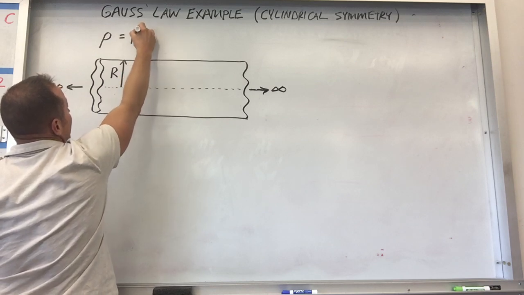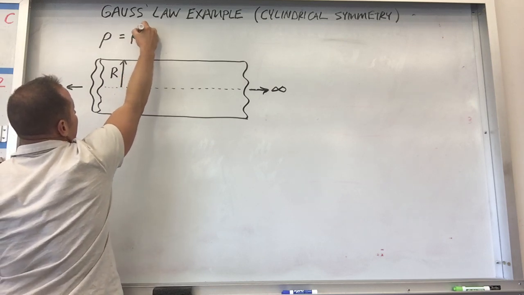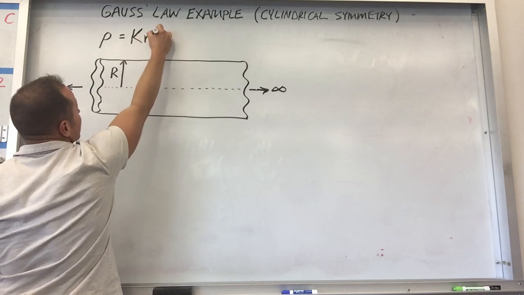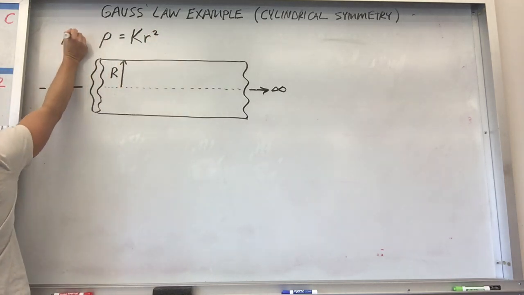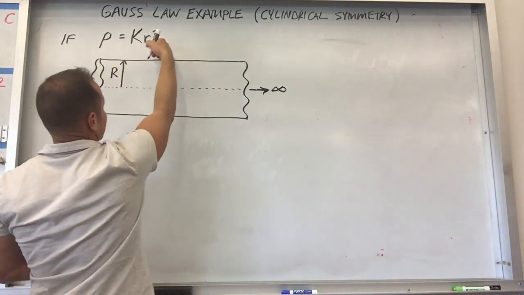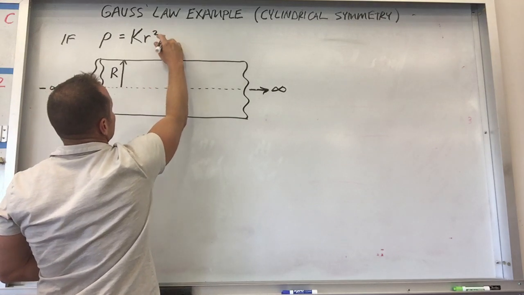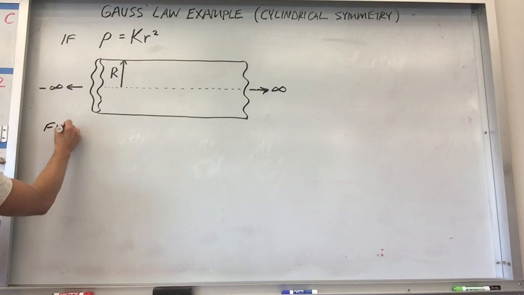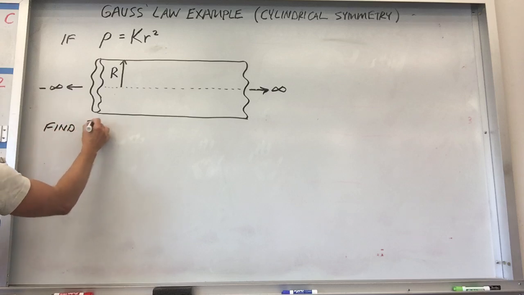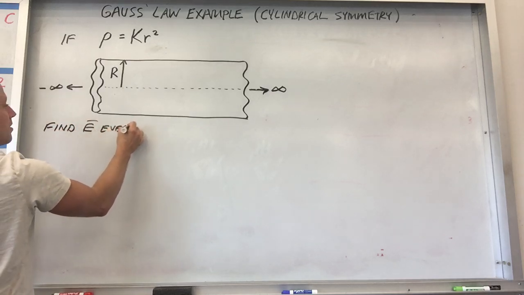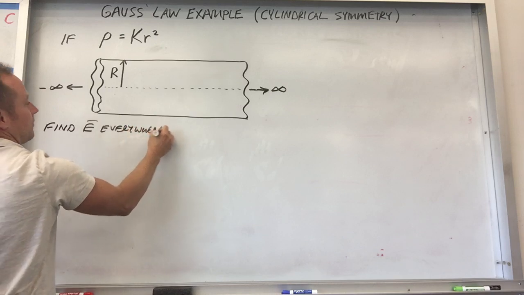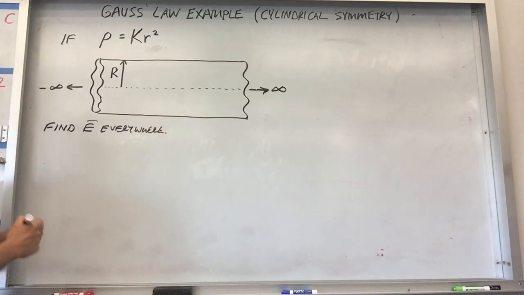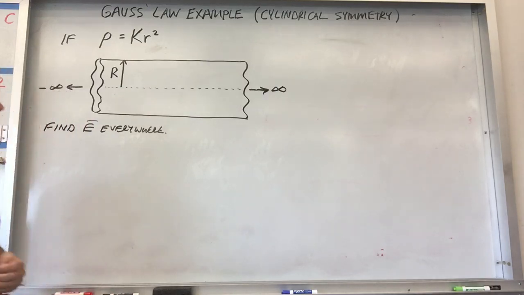So we'll say it's some constant, I'll just make one up like capital K times r squared. And if the charge density is K r squared, the problem is to find the electric field everywhere. So find E everywhere. Okay, so that's a type of problem that you could get.